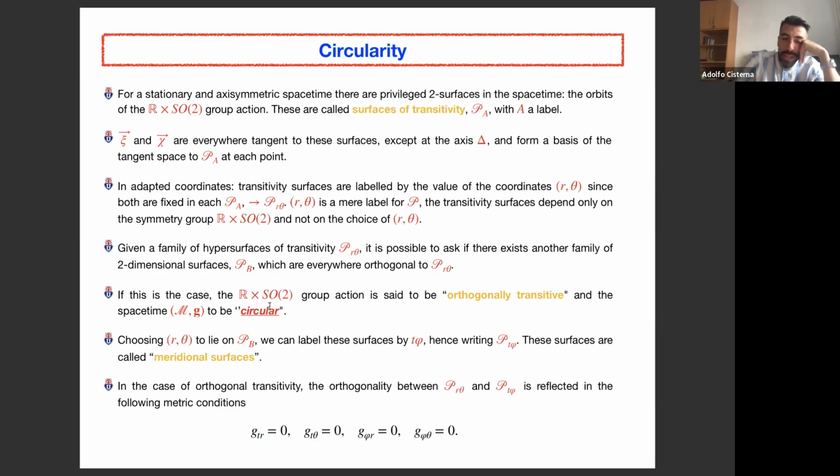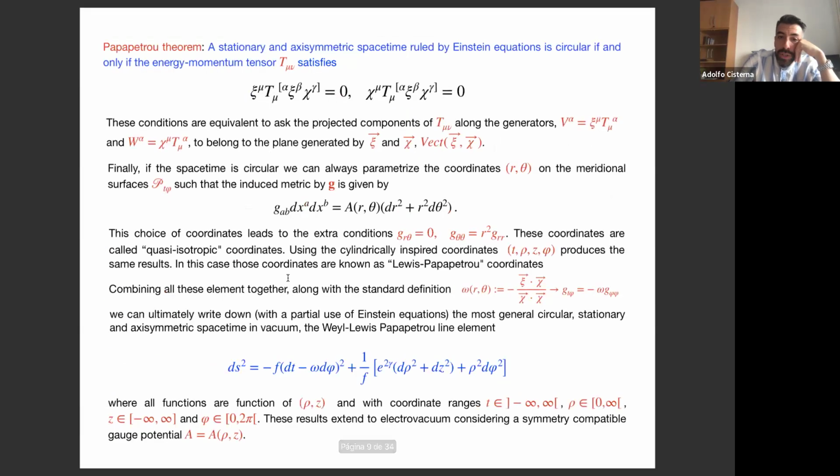So by taking a general line element, asking for stationarity, axisymmetry, and circularity, you can always write your spacetime in the form you see here, okay? There are other details that you can read there, but this is the most important part. You arrive at something that is known modulo using Einstein equations, because you use the Einstein equations to reduce the number of free functions you have.